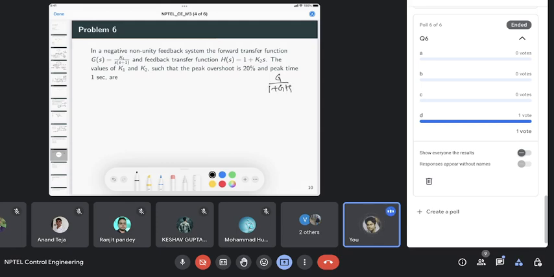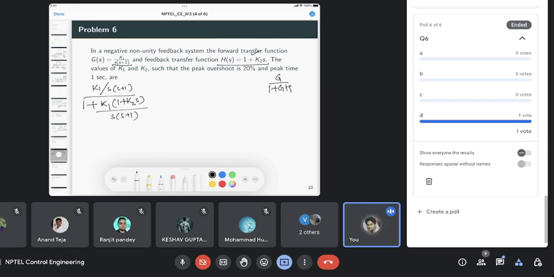So for G and H values, in the numerator you have K1 by s times (s plus 1), and in the denominator you have 1 plus GH, so this is K1 times (1 plus K2 s) by s into (s plus 1).